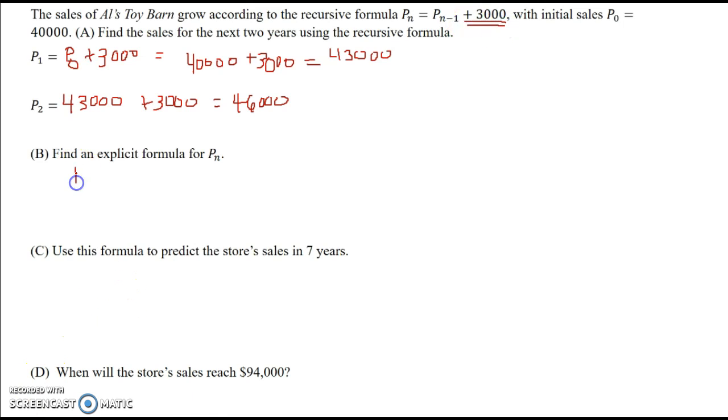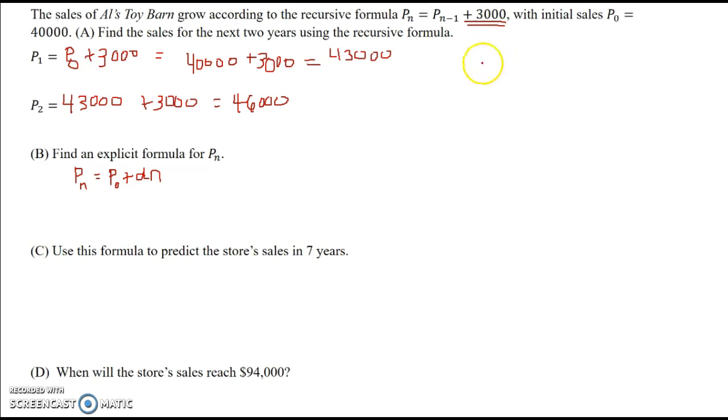So remember that a linear growth model is P sub n is equal to P sub 0 plus D times n, where D is the common difference.